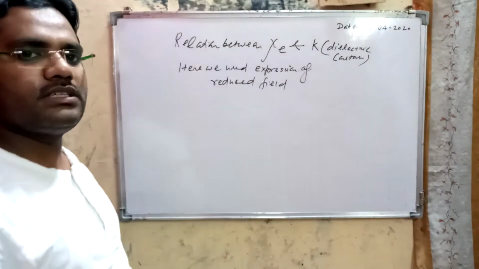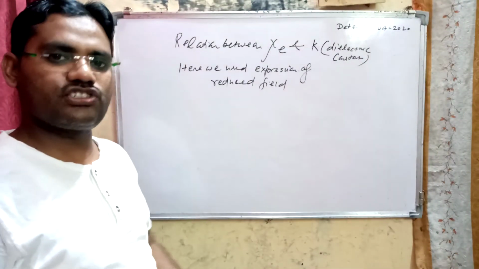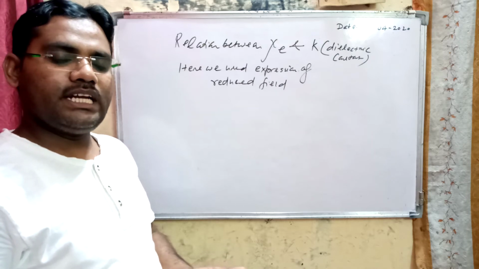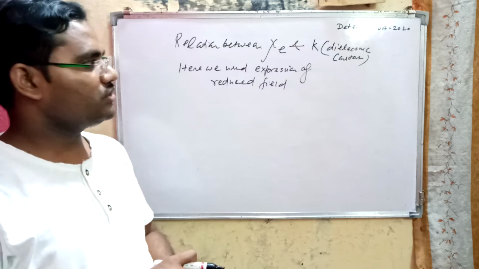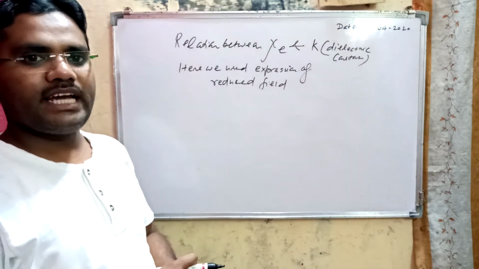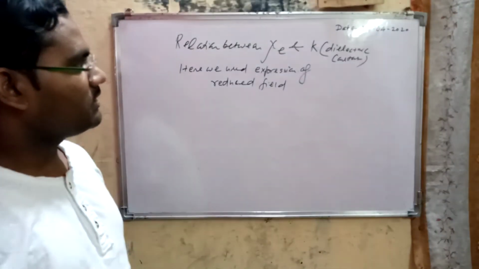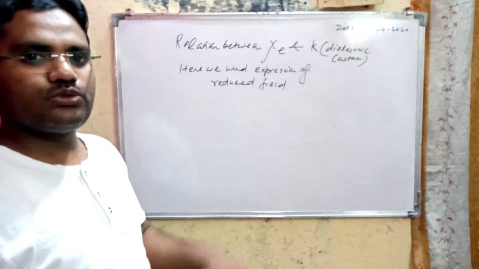Reduced field means that when a dielectric slab is placed in an external field, an internal field is produced which is opposite to the applied field. That means the net field is the difference of the applied field and the induced field.